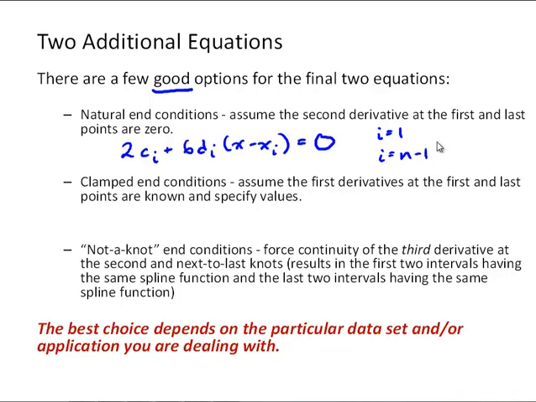We can also use clamped end conditions. Clamped end conditions assume the first derivatives at the first and last points are known, and then we just specify values for those first derivatives.